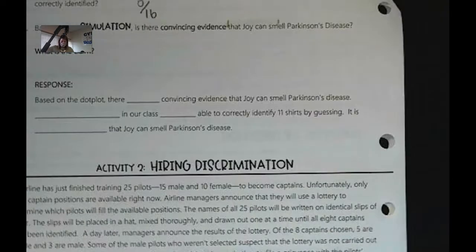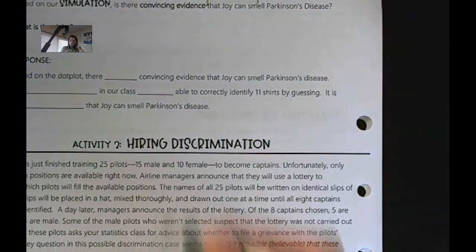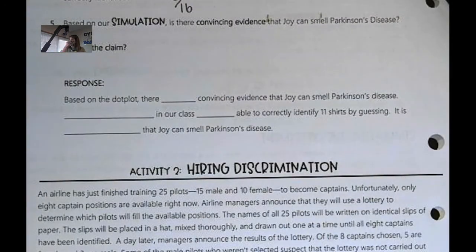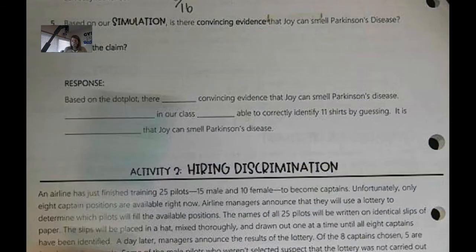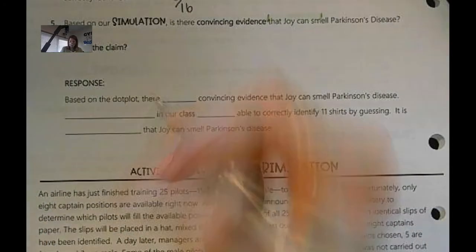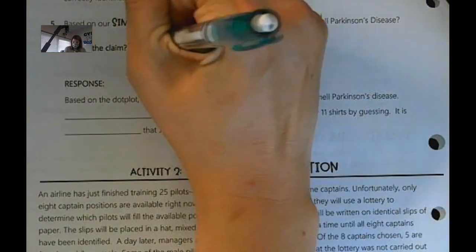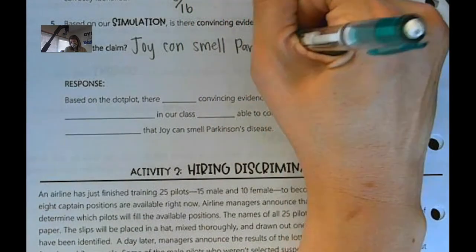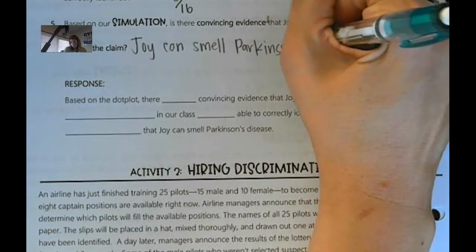So let's go to number 5. Based on our simulation, is there convincing evidence that Joy can smell Parkinson's disease? To answer this question, we have to make sure that we know what the claim is. So the claim is Joy can smell Parkinson's disease.